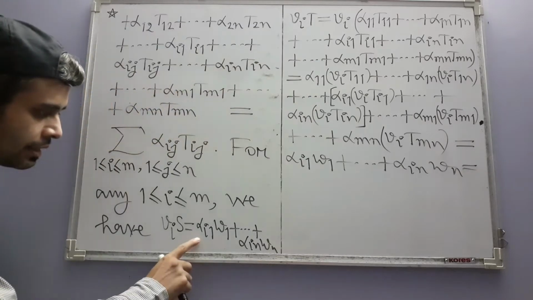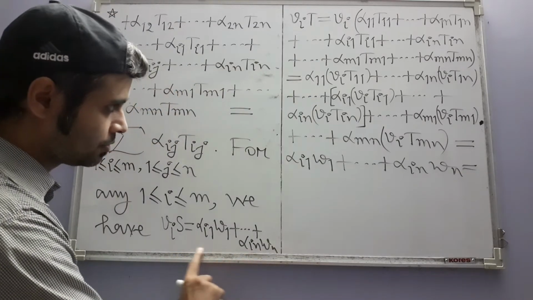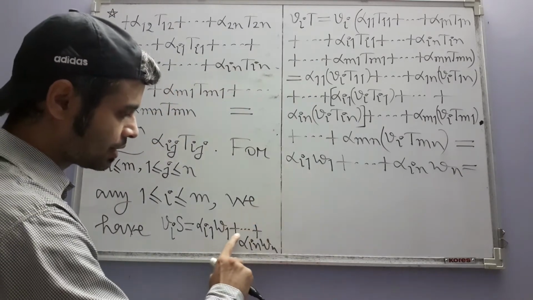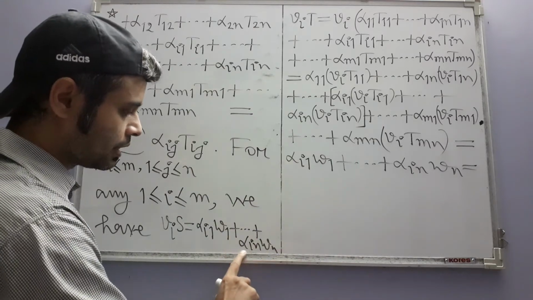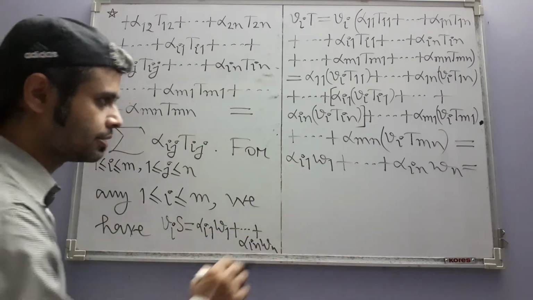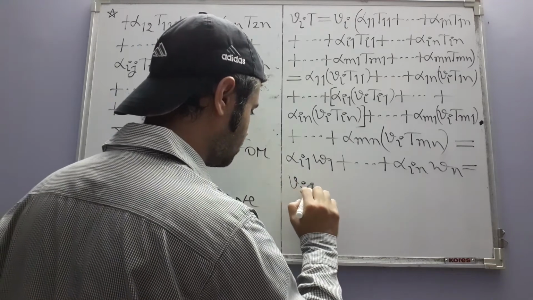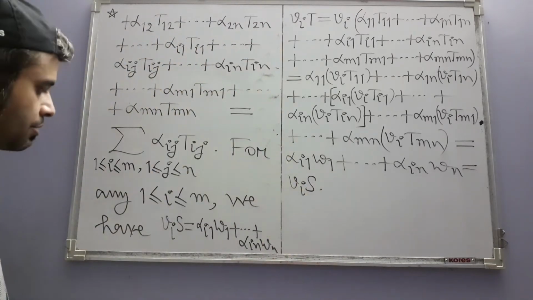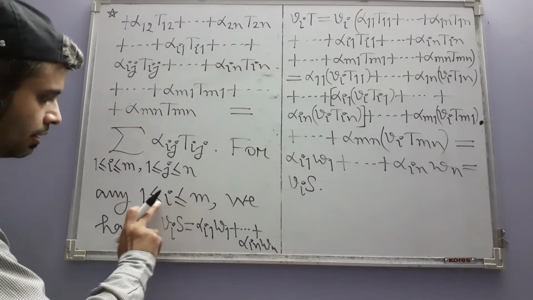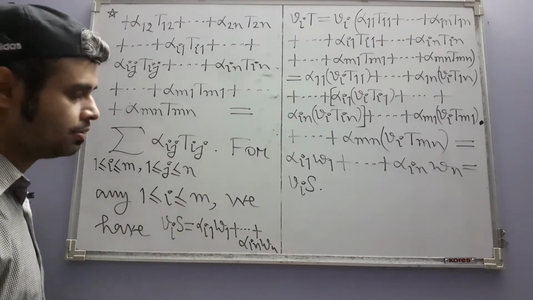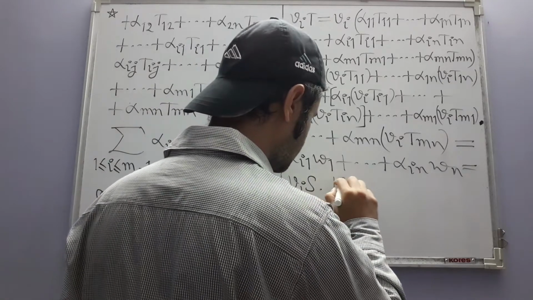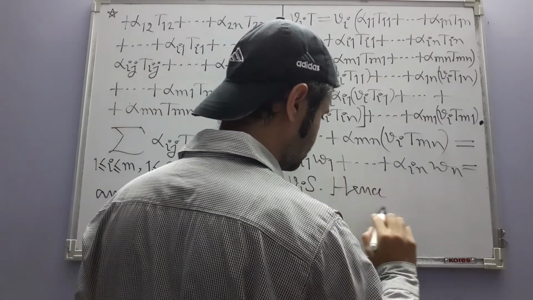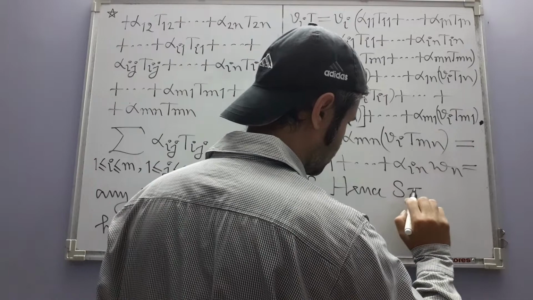You see, that thing is equal to Vi S. So Vi T is equal to Vi S for all possible values of i. Hence, S is equal to T.